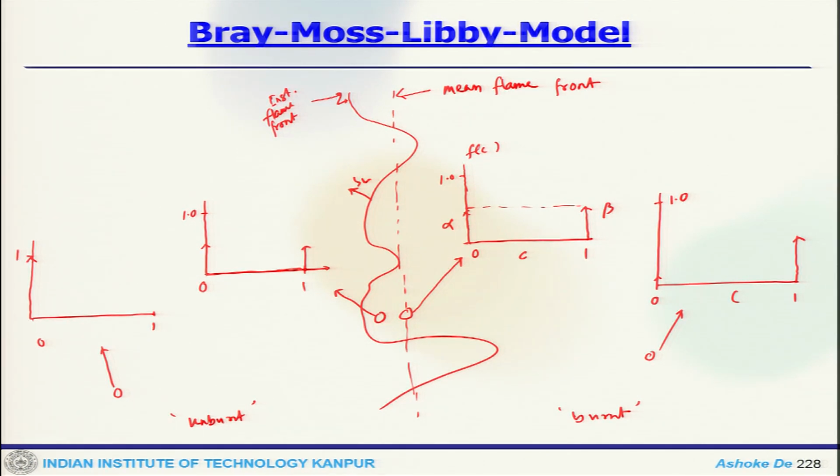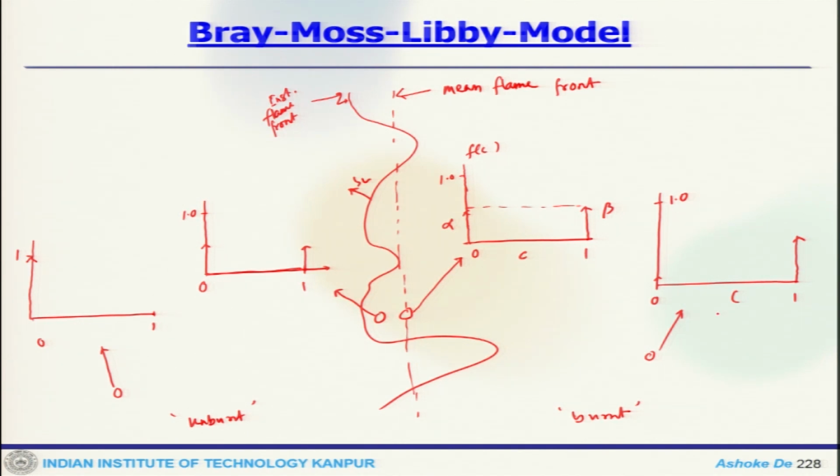So, you can see that when you look at the instantaneous flame front in different situations, this is completely at the unburnt state, how this function, the probability distribution function, is behaving. This is somewhere within the reaction zone, this is at the mean flame front, this is at the completely burnt state.